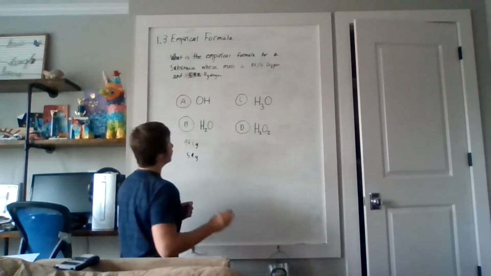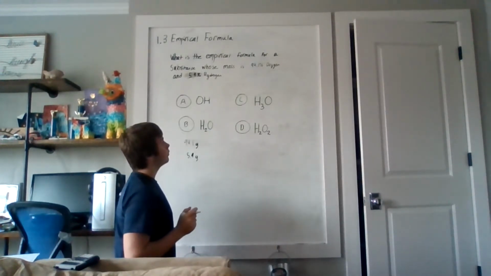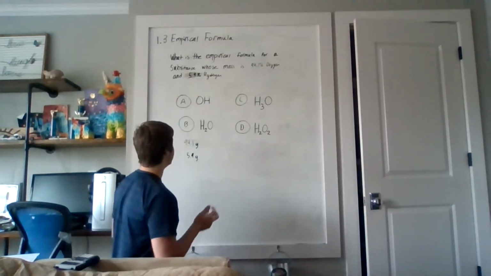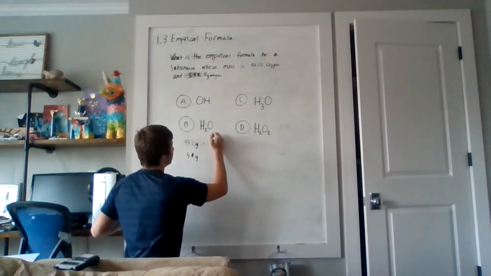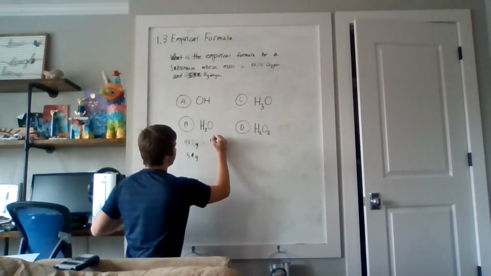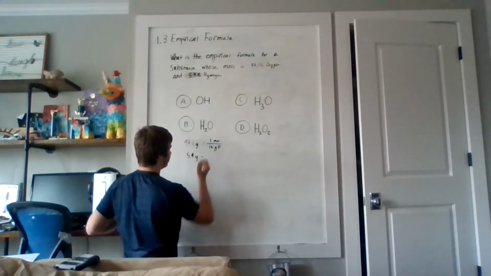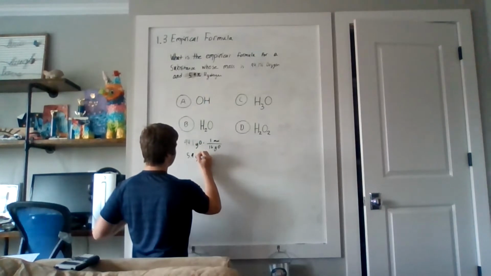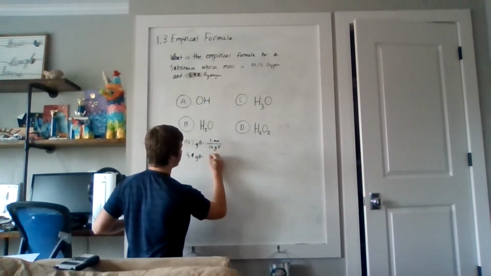Then we can multiply by the molar mass of each one. So 94.1% is oxygen. So we use the molar mass of oxygen, which is 16 grams. So we multiply by 1 mole for 16 grams oxygen. And then we multiply by the molar mass of hydrogen, which is 1 mole per 1 gram.